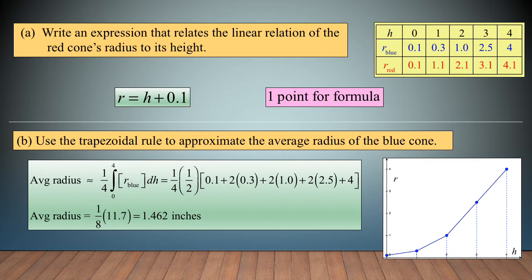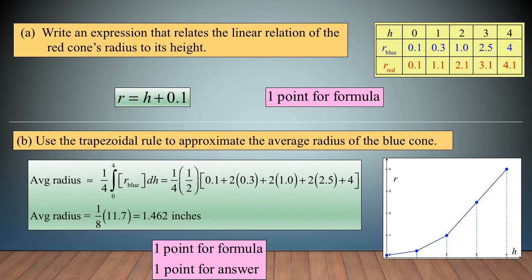And that will be 1/4 times, using the trapezoidal rule, 1/2 times (0.1 plus 2 times 0.3 plus 2 times 1 plus 2 times 2.5 plus 4). And this becomes 1/8 of 11.7, and our answer is 1.462 inches. 2 points for this problem, 1 point for the formula, 1 point for the answer.